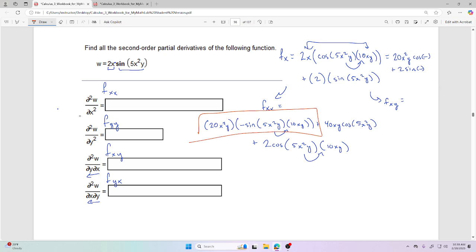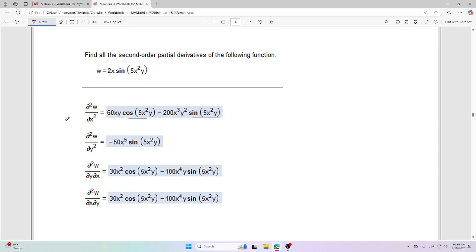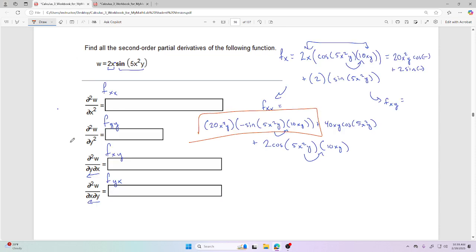I have a negative, and my number in the front, that 200. So I'm already getting nervous. And then I got x cubed, y squared. What do they have? Oh, yeah, there's the sine right there: 200 x cubed, y squared. Yeah, okay. They put it in the back because of the minus. And then these two cosines work together.